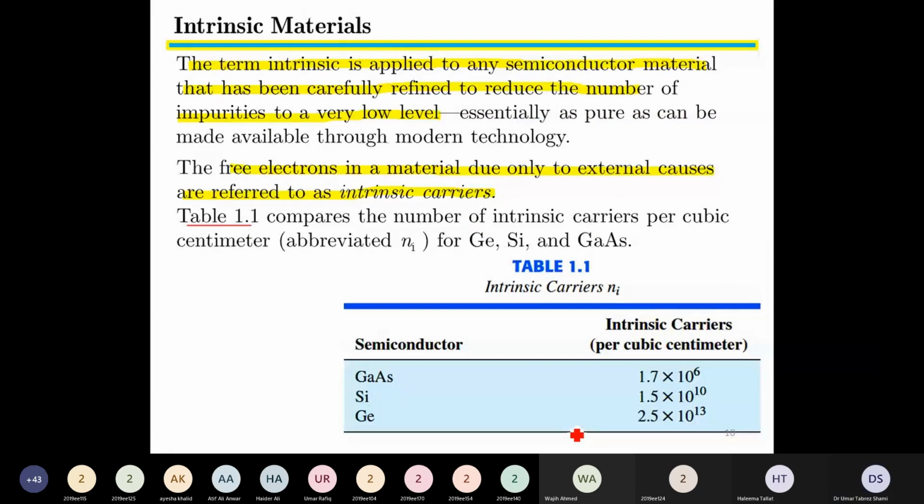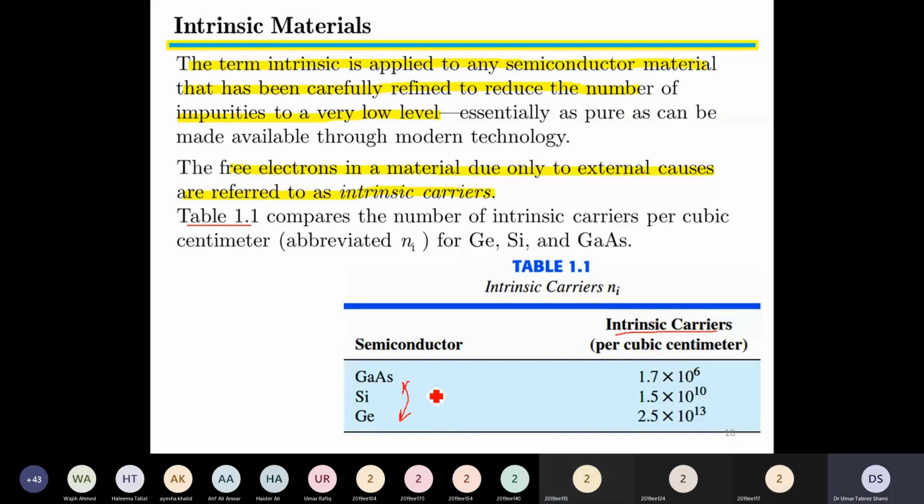Gallium arsenide produces 1.7 × 10^6 intrinsic carriers compared to germanium producing 2.5 × 10^13. Which one is better? Gallium arsenide, because it is closer to semiconductor behavior.